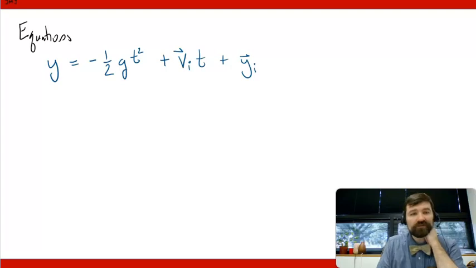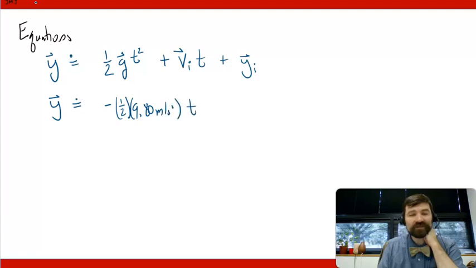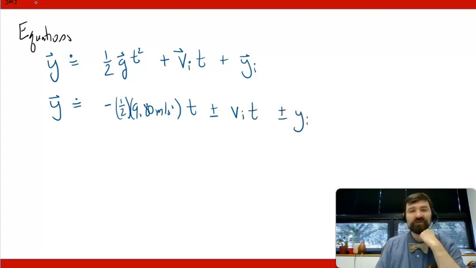Put simply, we could take the negative sign away if we put a vector sign over it, but if we're trying to represent it with numbers, this would look like negative 1/2 of 9.8 meters per second squared times the time, plus or minus v initial times time, plus or minus y initial.